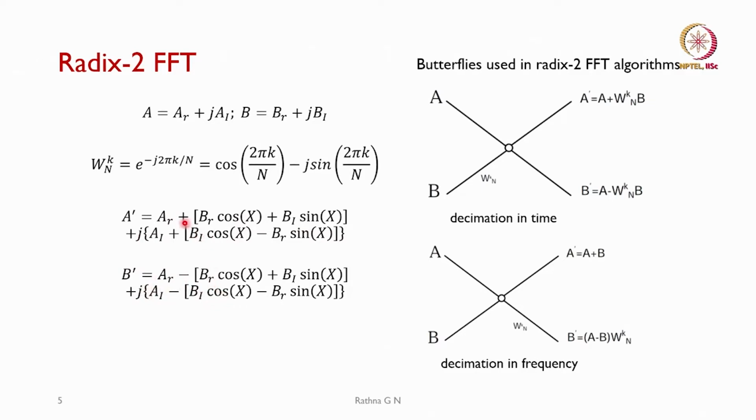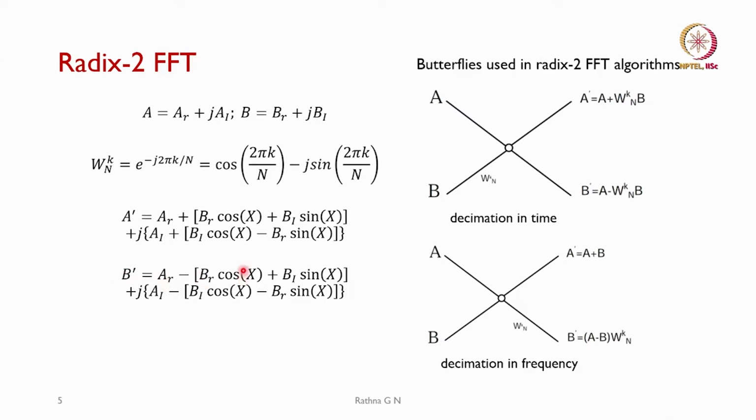From this you can count how many real multiplications and additions we have. I will have 1, 2, 3 and then 4 multiplications, and for the real part 2 additions and for the imaginary part 2 additions, taking subtraction into account also.